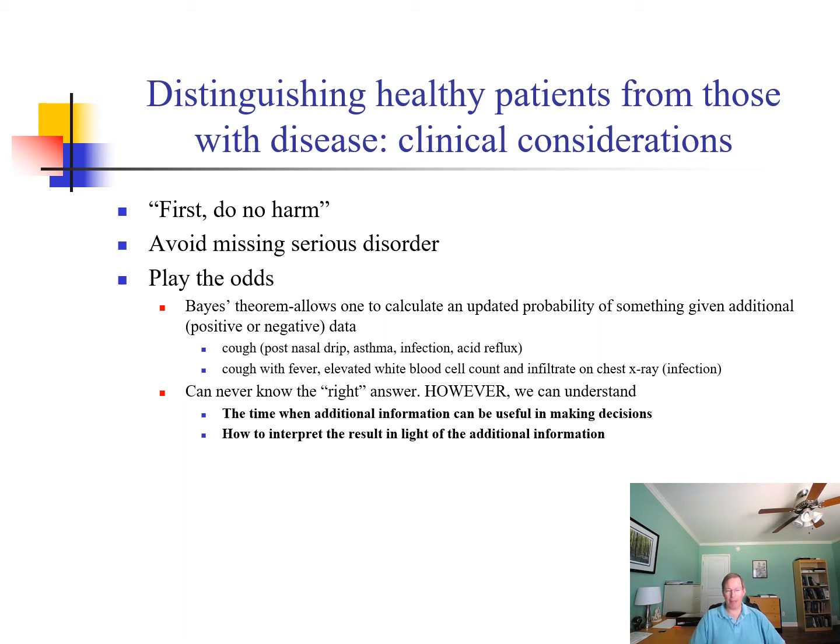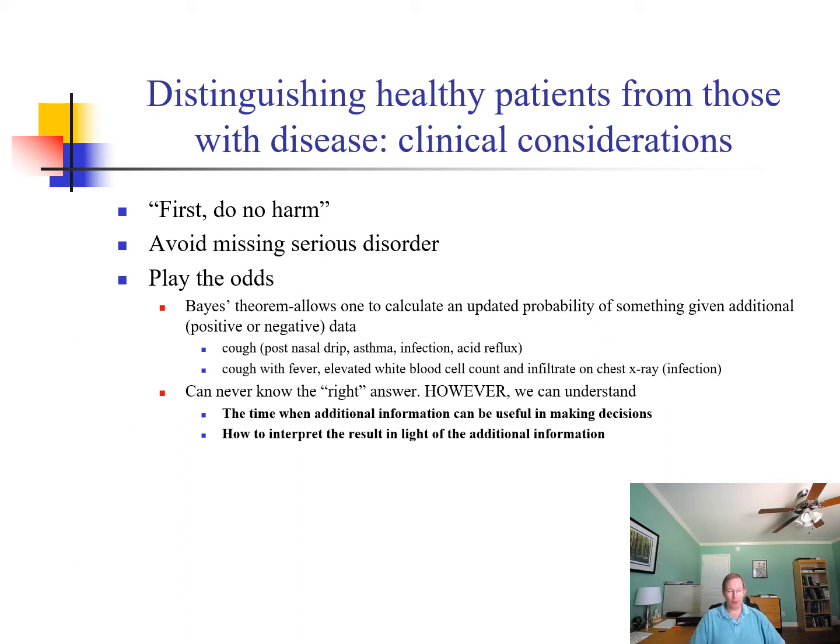So remember, Bayes' theorem was a mathematical way of telling us how the relative probabilities of something are based on pertinent positives and negatives. For example, if somebody comes into an outpatient office with a complaint of cough, there are several common causes of cough, such as postnasal drip or asthma. Infection is one of them, acid reflux another one.